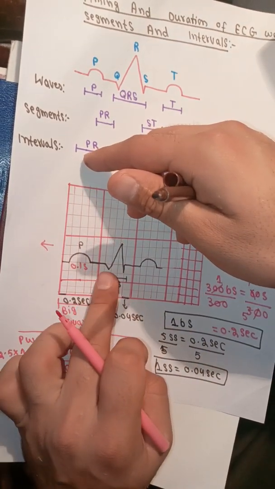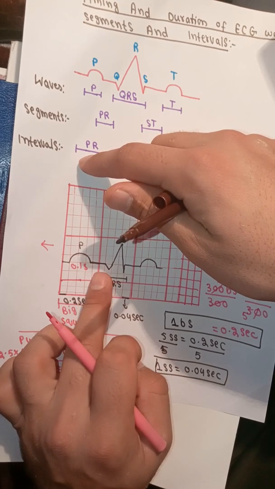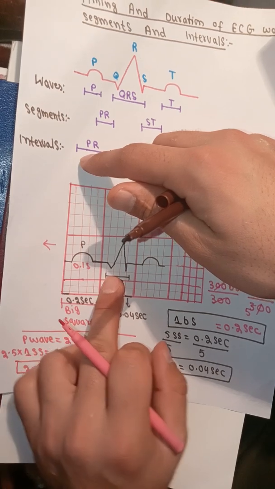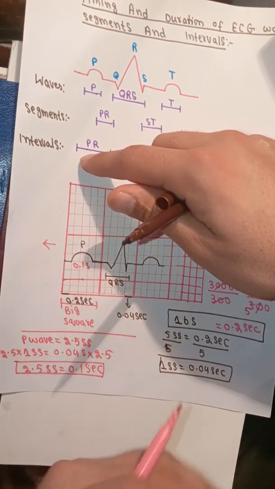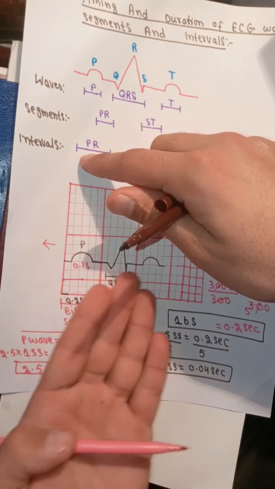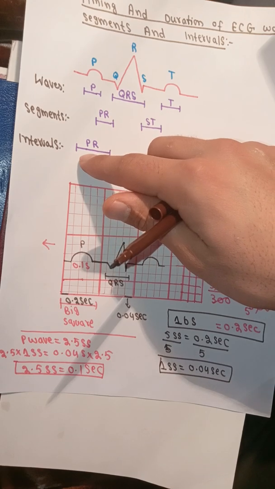After this, the QRS will also take 0.1 second because it covers the same number of small squares. Here you can also calculate for QRS as it covers the same number of squares, so it will take the same time, which is equal to 0.1 second.